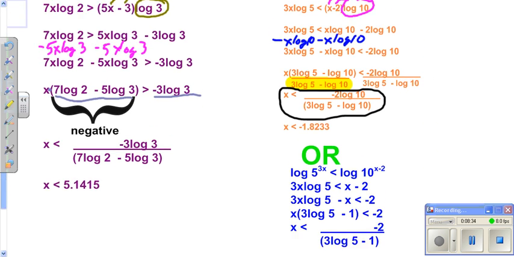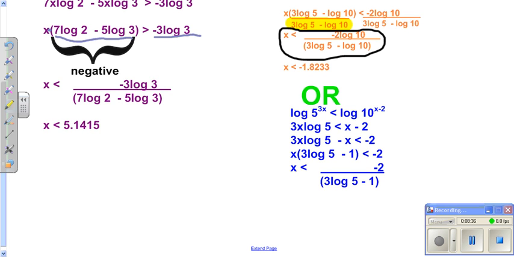Now, it is possible when you were working this out that you thought, oh, this right here simplifies because we have a base of 10. When you have a log base 10 of 10, it cancels out, leaving you only with the exponent. And so then you could have worked it out and got your calculator ready form to be this one here. But either way, you get the same decimal approximation.